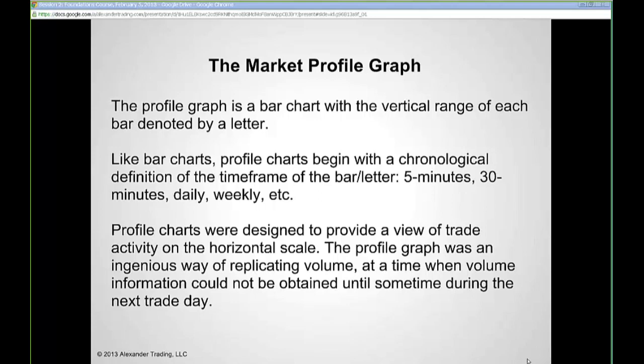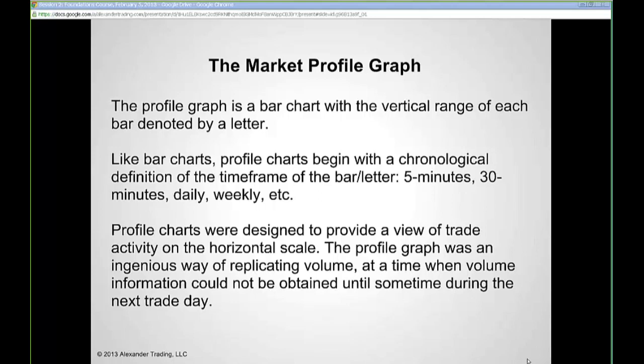Profile charts were specifically designed to provide a view of trade activity on the horizontal scale. It is an ingenious way of replicating volume. And basically what it replicated and what it still replicates in the manner that we use it is transaction activity. It's a transaction at a point in time.